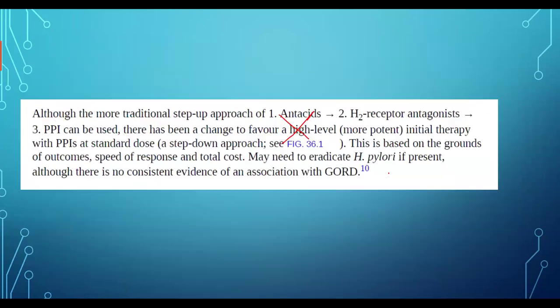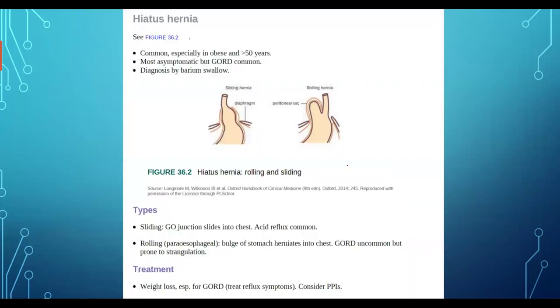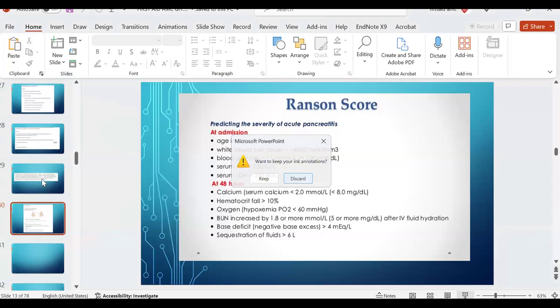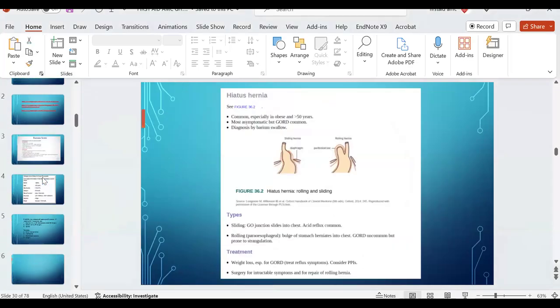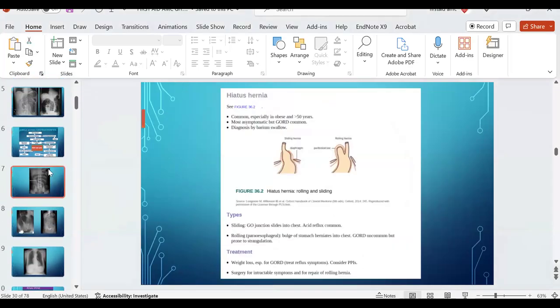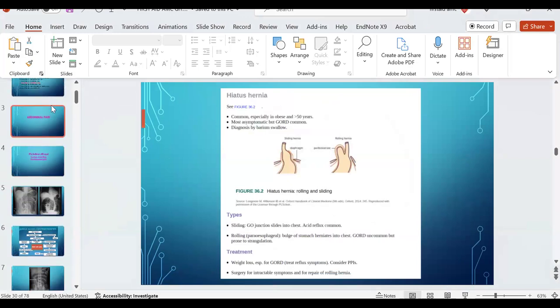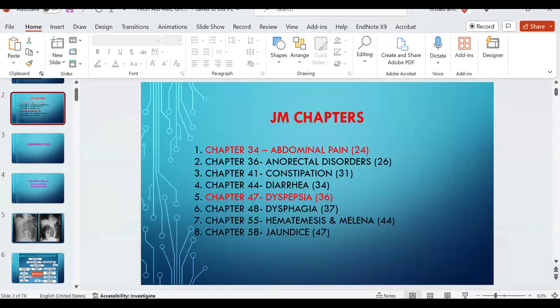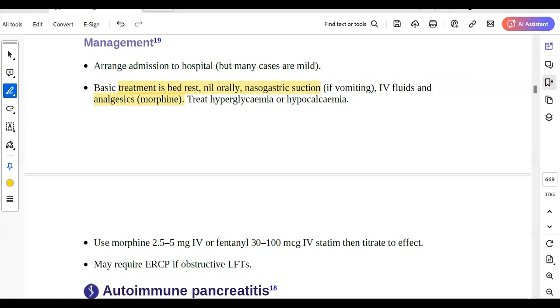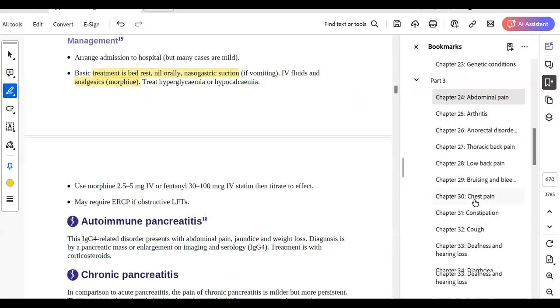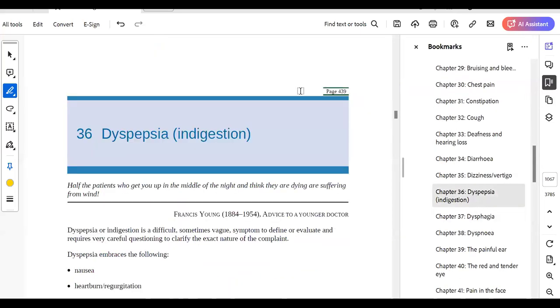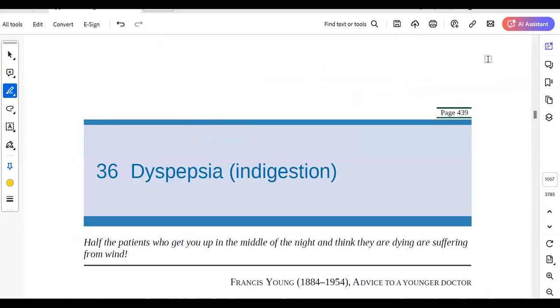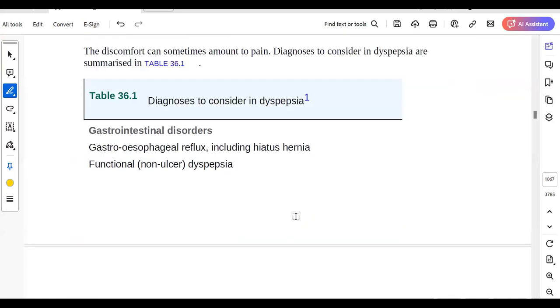Okay, now there is not much in the notes, so we'll move on to chapter 36 just to see if there is anything else that we need to discuss. Do you guys have any questions so far? Now, moving on to dyspepsia, chapter 36.